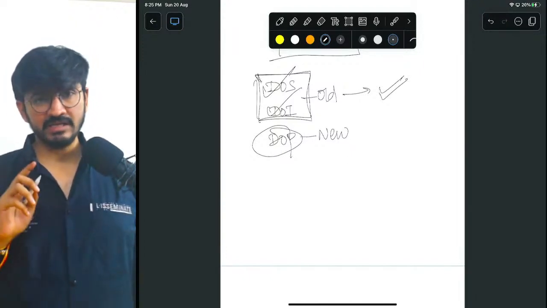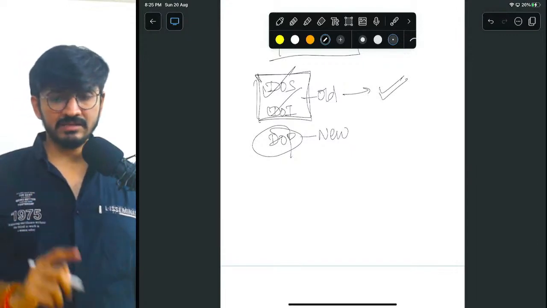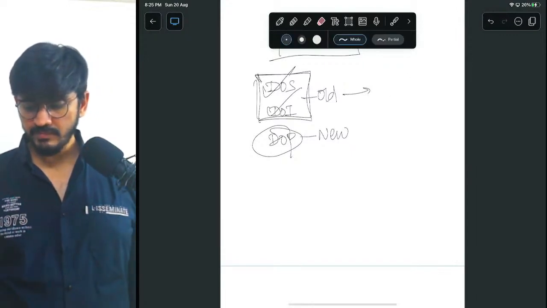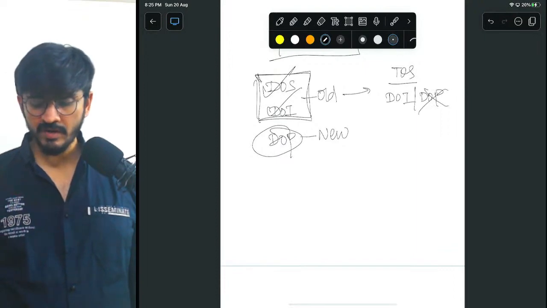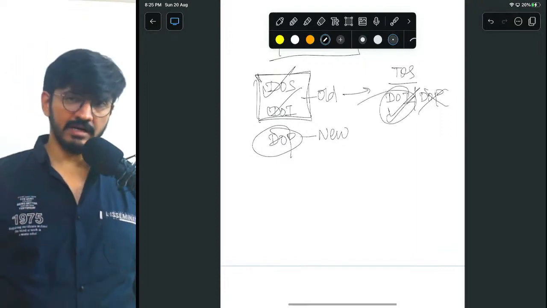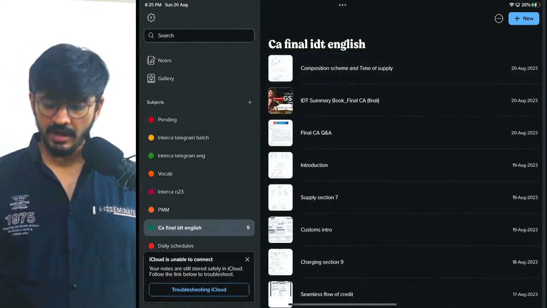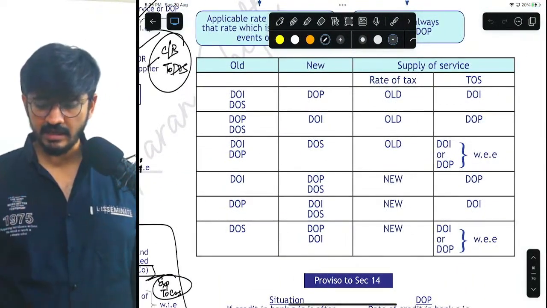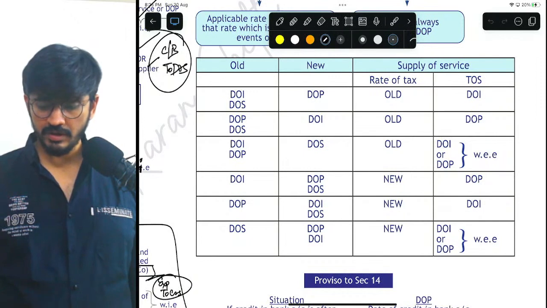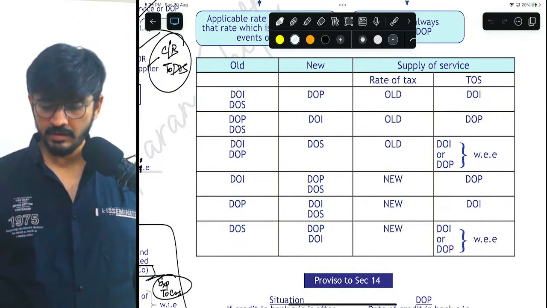And since we know that in section 14 the answer for time of supply is either date of invoice or date of payment, do we have date of payment here? No. Do we have date of invoice? Yes. So take that. Got it? If you apply this ratio here, you will easily get the answer. Trust me on that.